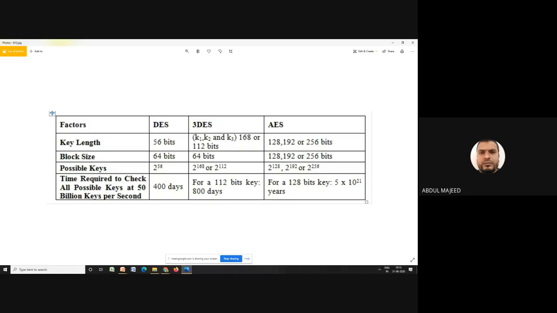So once again, DES worked for only about 10 years, from 1975 to 1985. Then they felt some improvements were needed in the DES algorithm, so they converted single DES into triple DES. That means you apply the same DES algorithm 3 times on your plain text.